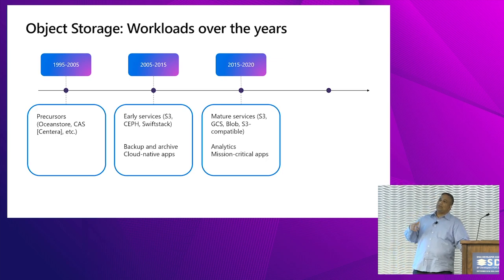But what changed fundamentally for object storage at the time was we started seeing a lot more throughput requests on our data. Up until then, you had data which, by and large, was very cold. You could look at the IOPS per terabyte of data. It was very, very low.